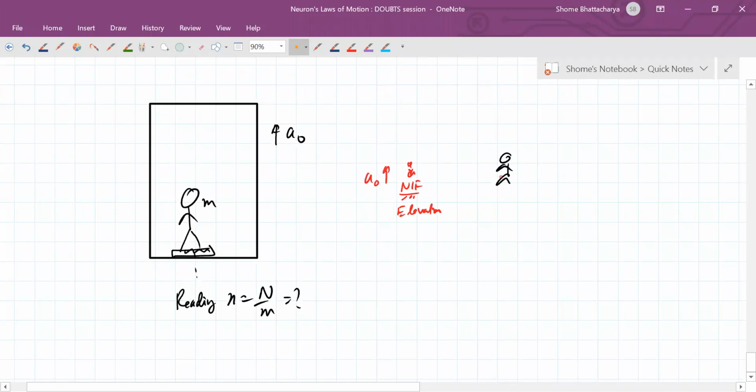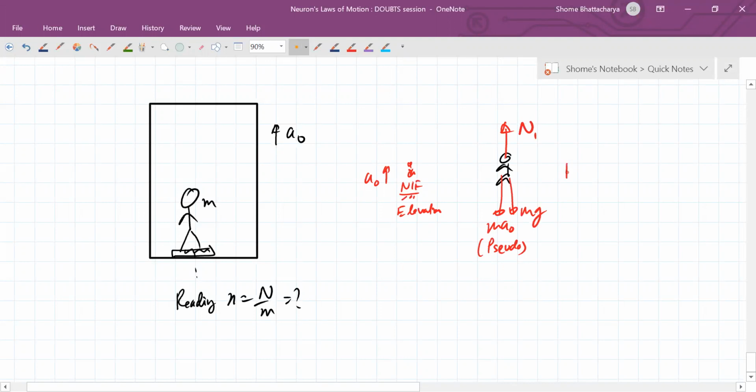then on this person there is pseudo force, there is the true weight mg, and there is some normal reaction, let's say N1.